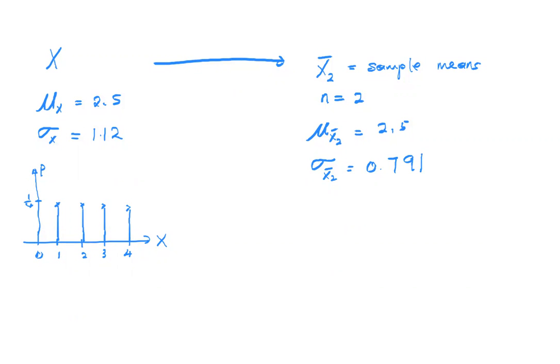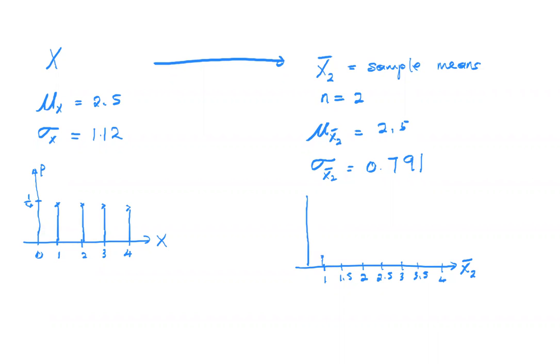Right? And if I plot the distribution of the sample mean, I get my 1, 1.5, 2, 2.5, 3, 3.5, and the last one is 4. The first one is 1/16.